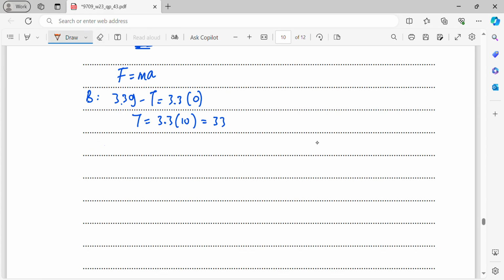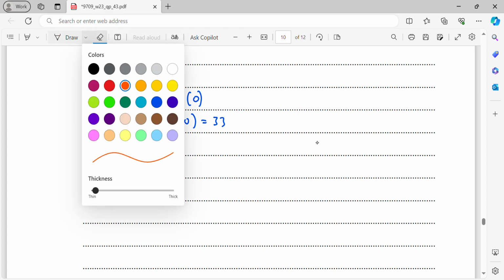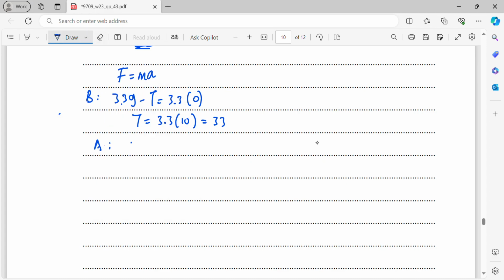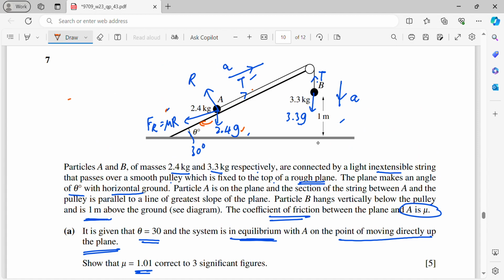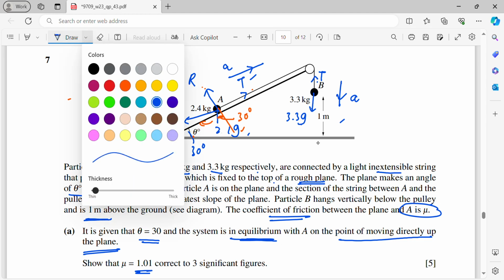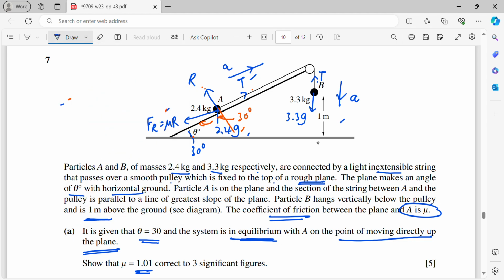So basically, at A, my R is basically, you resolve. This angle is theta, because you are given theta over here, which is 30 degrees. So now you resolve the weight so that it is perpendicular to the plane. I will get 2.4 G cos 30 degrees. That is my R.